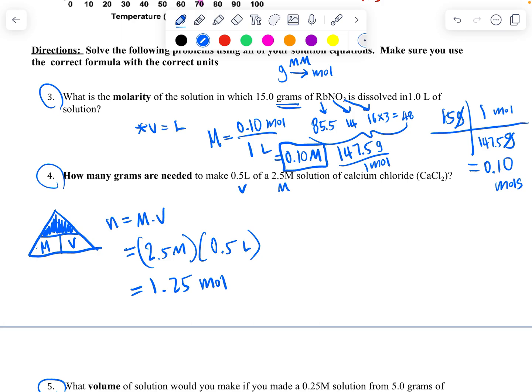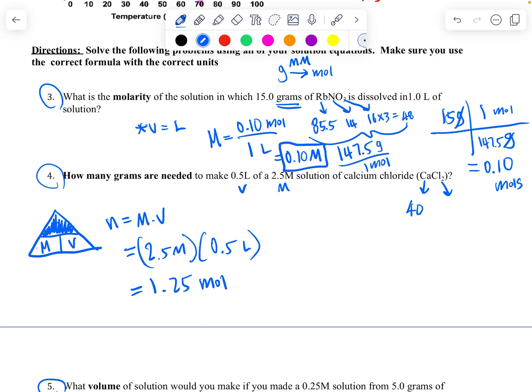Don't stop here, guys. You have to read the question carefully. We're trying to find the number of grams, so I need to convert this moles to grams by using the molar mass once again. Calcium chloride. Calcium is roughly 40, and again, if you don't like rounding, kids, just go with the decimal that is reported in your periodic table, okay? For the sake of time, I'm just rounding here and there, okay?